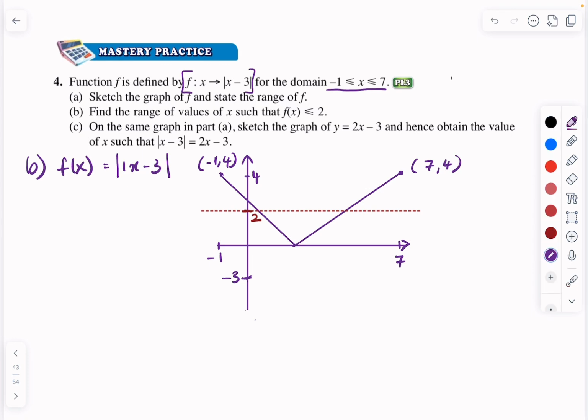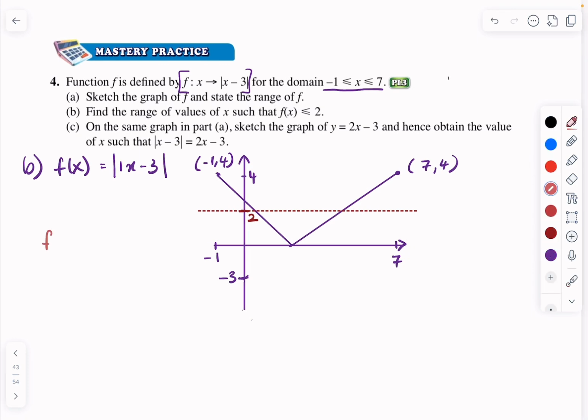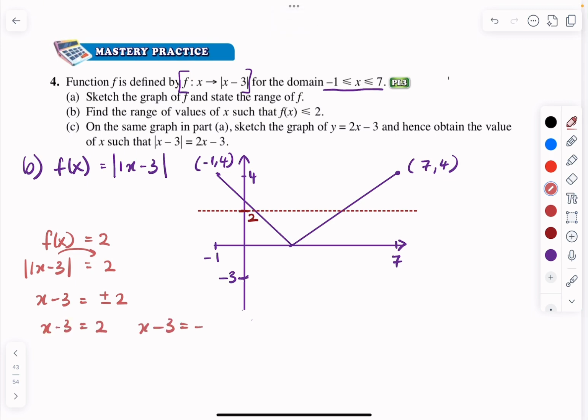So let's calculate what happens when f(x) equals 2. So modulus of x minus 3 is 2. We move the modulus this side, it will become plus minus 2. Therefore, we will get two different answers. So x minus 3 is positive 2, x minus 3 is negative 2.